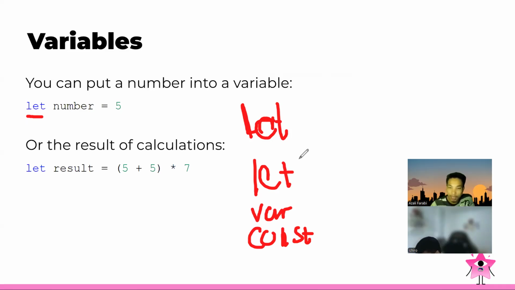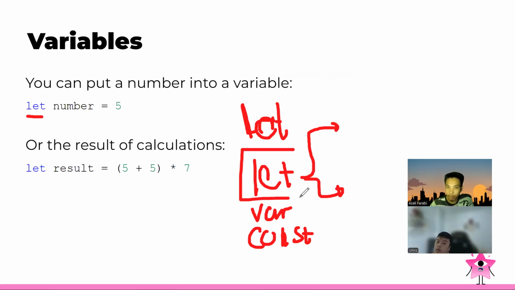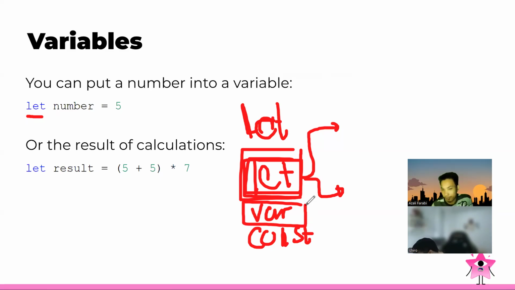Well, let is based on block scope. So when you want to use a for loop, or inside a function, you can use let. Var is more global than let and const.